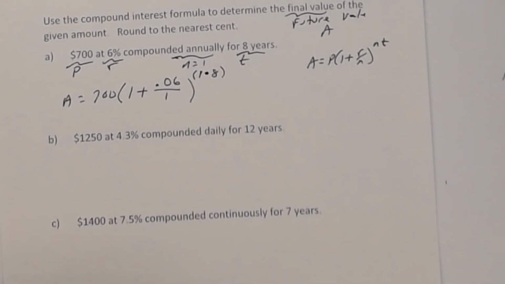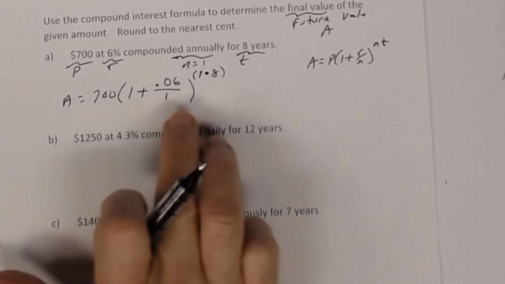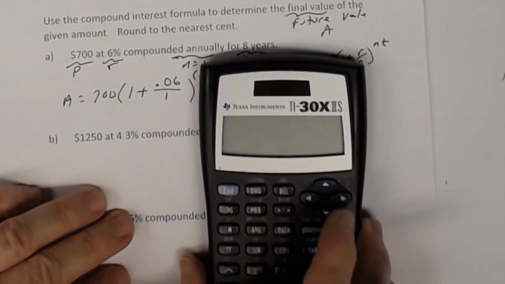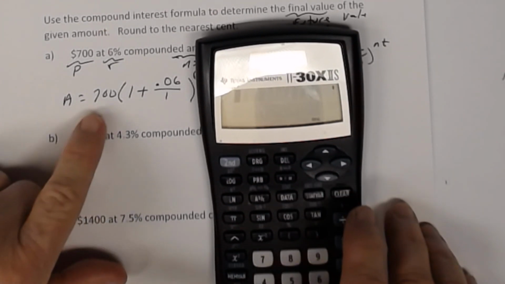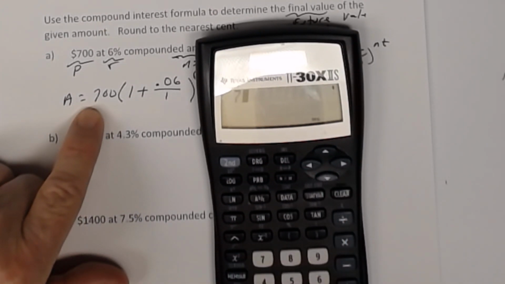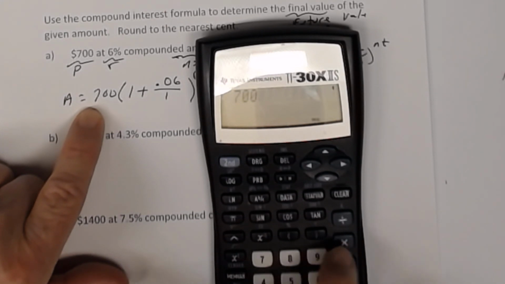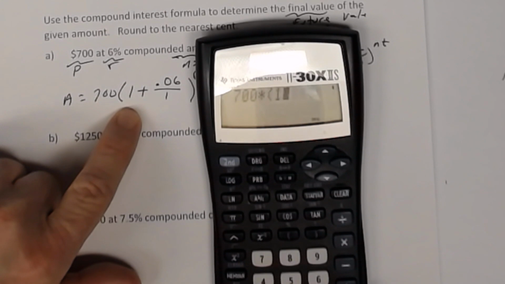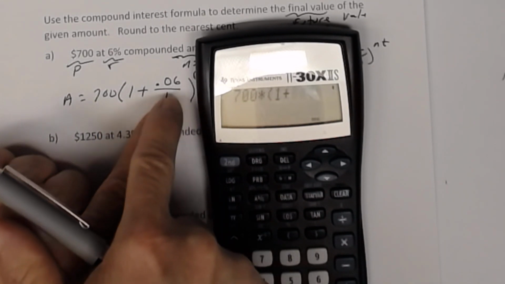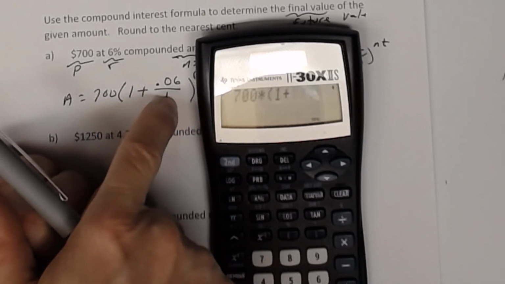And then all you do is take what you see and put it into your calculator. So watch how simple this is. 700 times parentheses 1 plus... now, all of you know that 0.06 divided by 1 is 0.06.